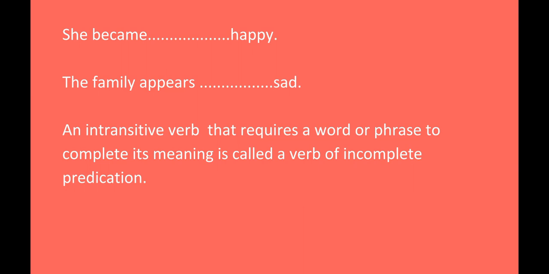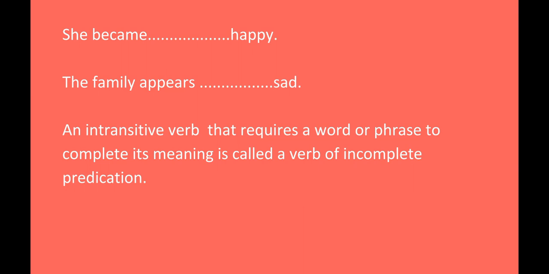But in the sentence she became, if you don't write happy, the meaning is not clear. The verb became is incomplete without the adjective happy. If you add happy, it becomes complete, like she became happy. Similarly, the family appears, it is incomplete. But if you say the family appears sad, now the sentence is complete.